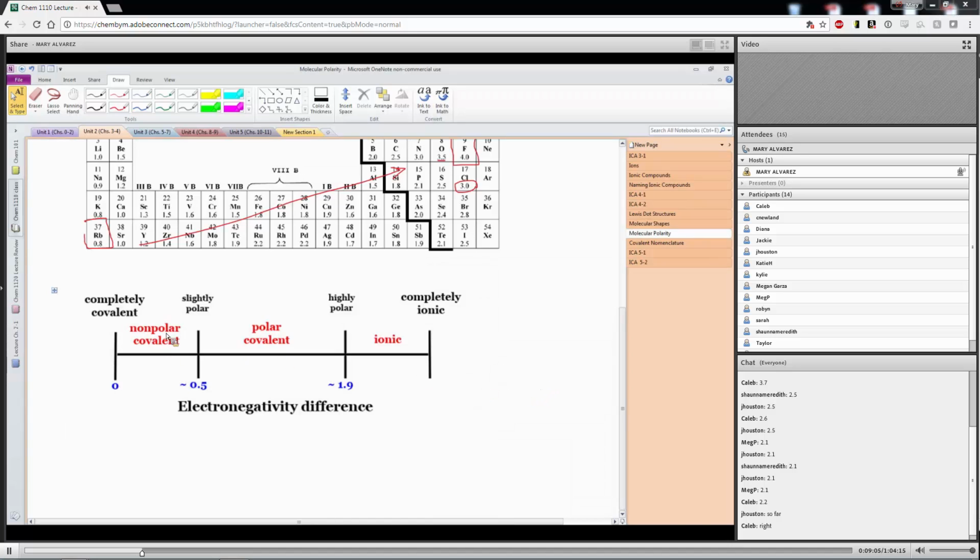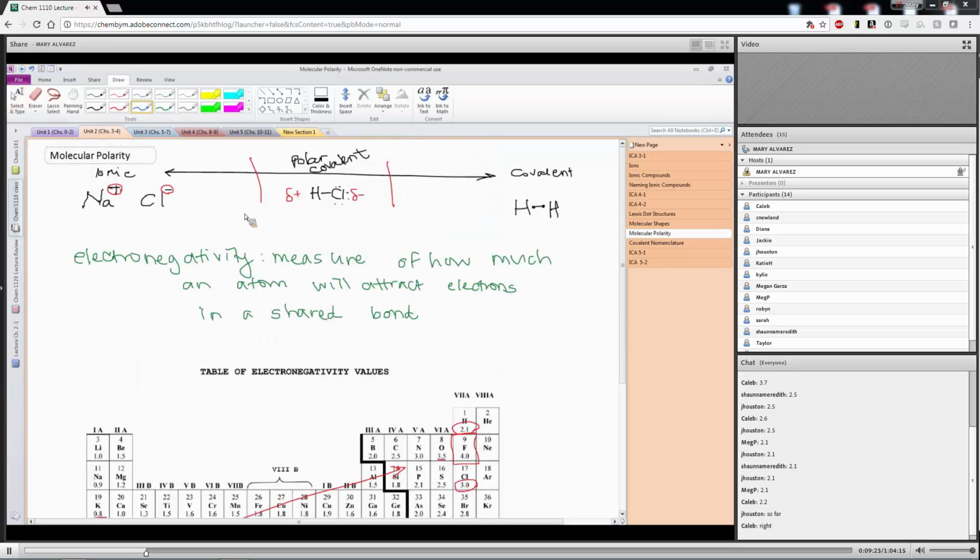The barrier between completely covalent and polar covalent is going to be about 0.5. The barrier between polar covalent and ionic, we're going to put at about 1.9. Or if you prefer, if we were just looking at this chart up here, it's backwards from how I did it, but it doesn't really matter. We're going to say this is about 1.9 and this is about 0.5.